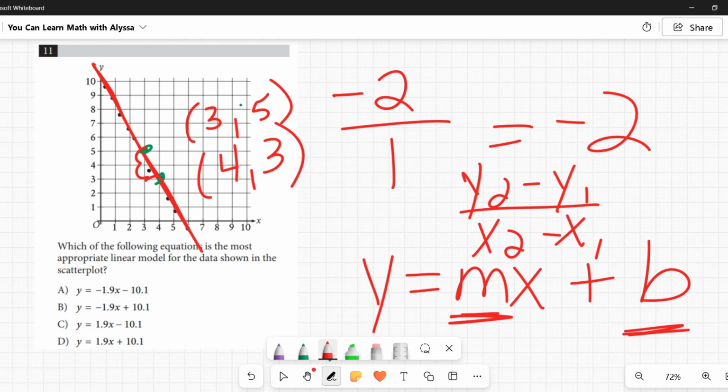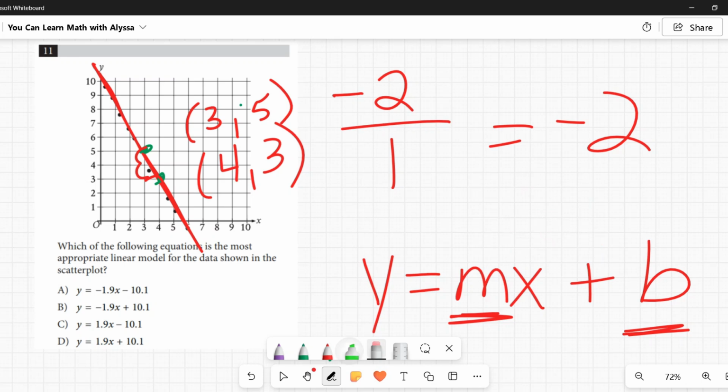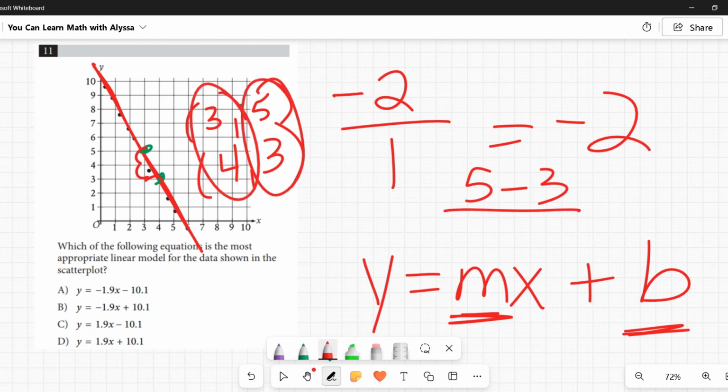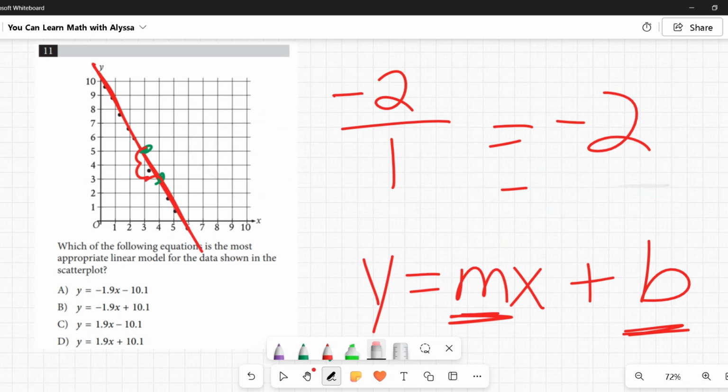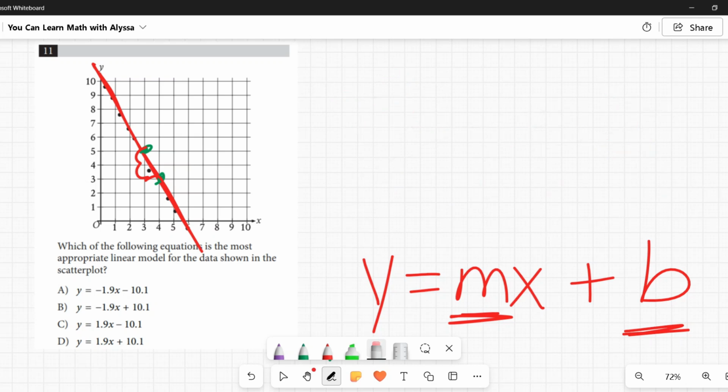On my little approximate line, I can plug those in, and I would get 5 minus 3 over 3 minus 4, and that gives me a positive 2 on the top and a negative 1 on the bottom. Again, I get negative 2. So any of these ways, either just looking at it, counting it on the graph, or doing the slope formula, they're all fine, whatever works best for you.